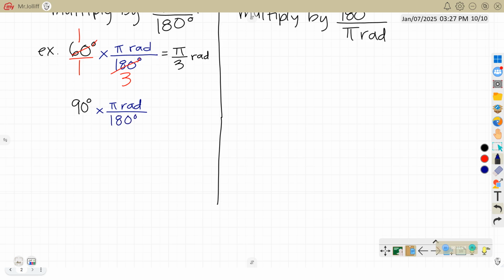Very good. Multiply by that unit conversion fraction. Yeah. Very good. Next step. Melissa, what should we do next? Degrees cancel out. I'm going to do that. Very good, very good.